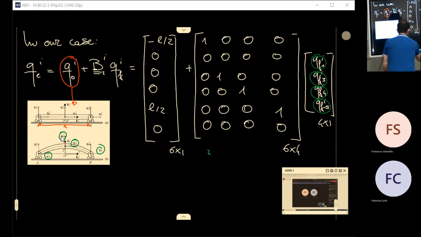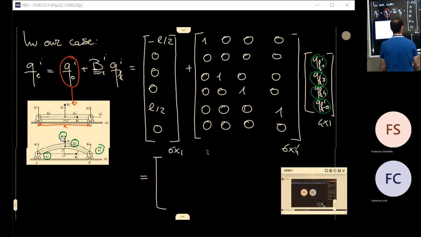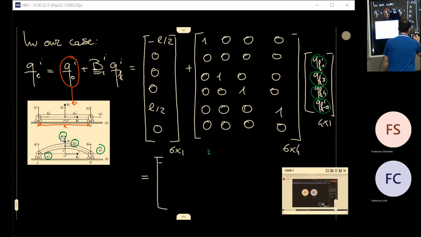In fact, this becomes, if you write it concisely, 0, then you have QF3I, QF4I, L divided by 2 plus QF5I, and 0.